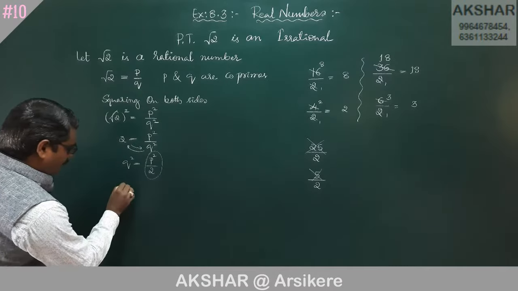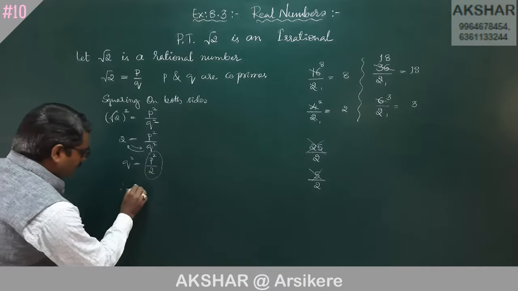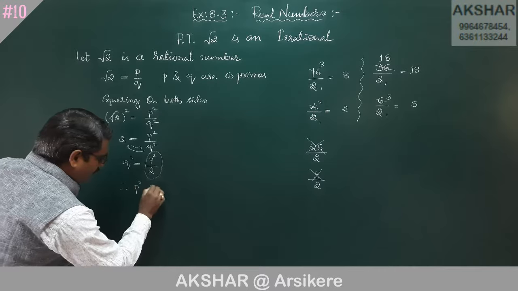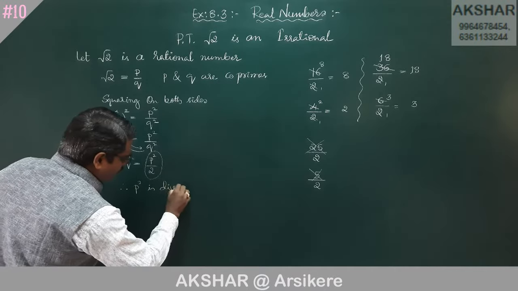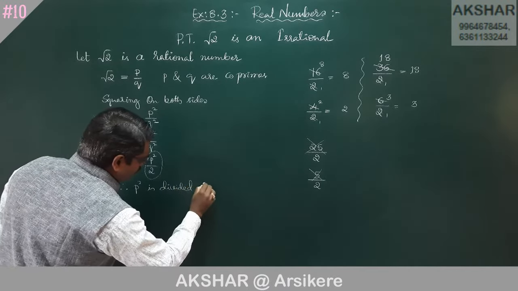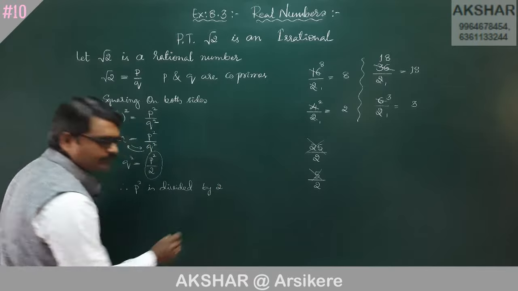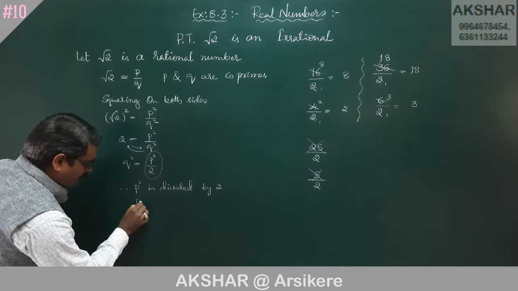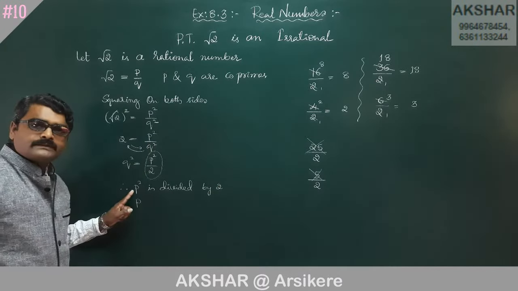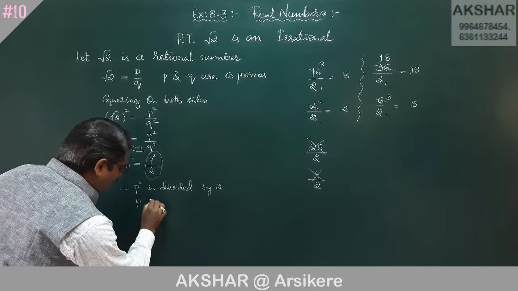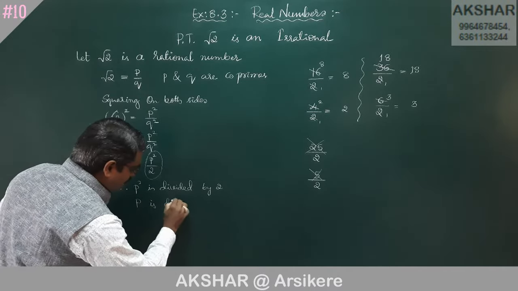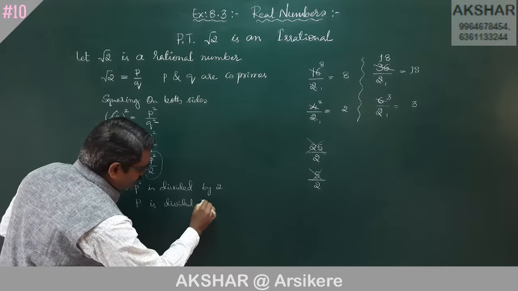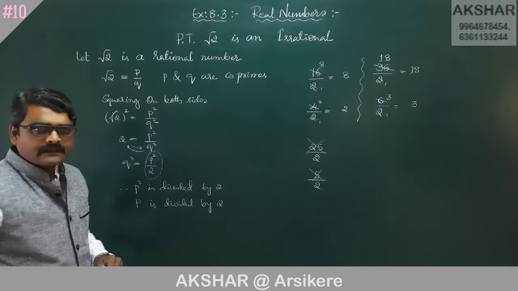Yes, therefore my dear children, p square is divisible by 2. In the same way, p is the root of p square, p is also divisible by 2, okay, right?